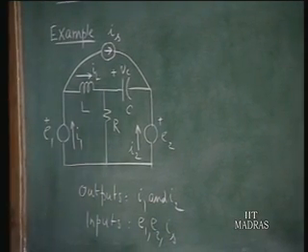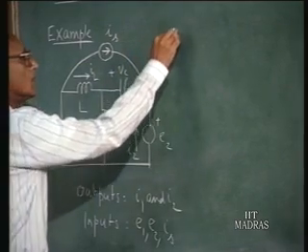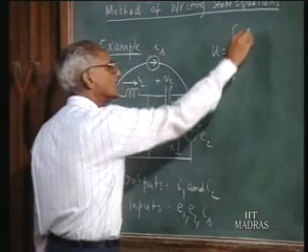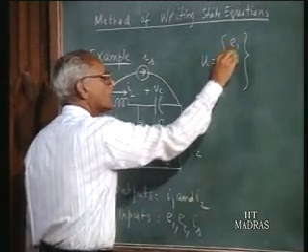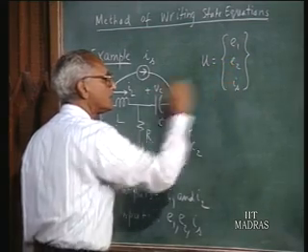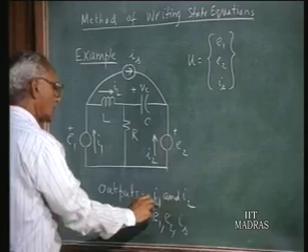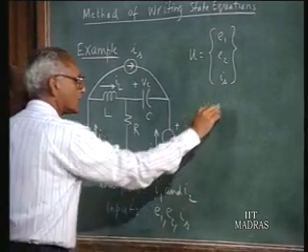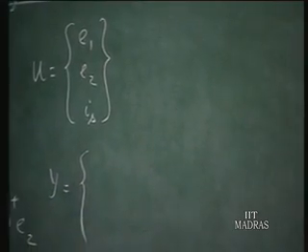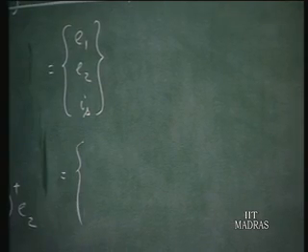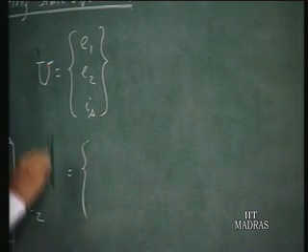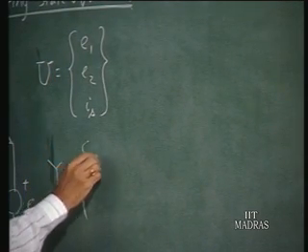So we straight away see that the U matrix, the input quantities, are E1, E2 and Is. The output quantities are I1 and I2. So Y, we will write capital U and capital Y as I1 and I2.